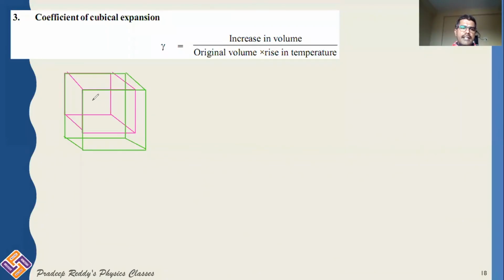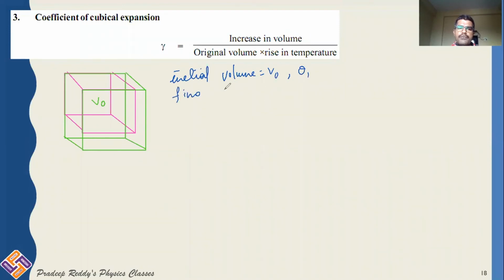Let us consider the initial volume of this cube as V naught, at temperature theta 1. After providing heat energy, the volume has expanded.